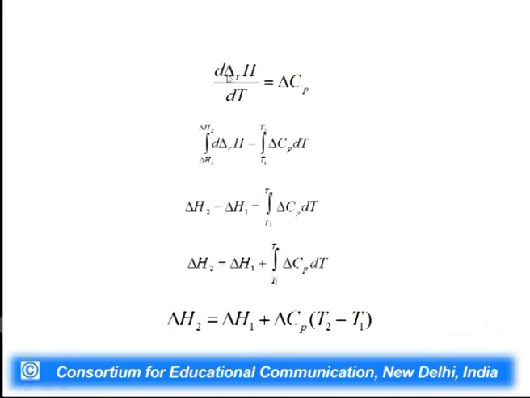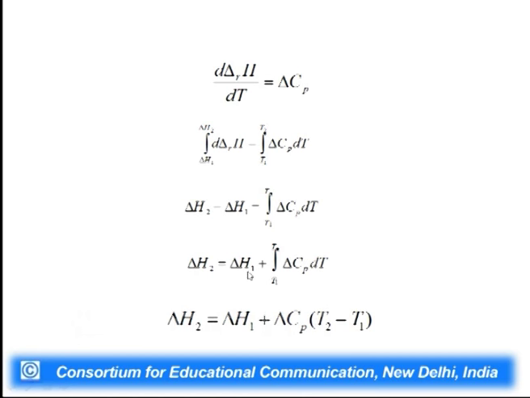The way we do this is simply you bring dT to this side, and then we integrate it between delta H1 to delta H2, and the integration is from T1 to T2. So, d delta H equals delta Cp dT from T1 to T2, and if you integrate this, we get delta H2 minus delta H1 is equal to the integral of delta Cp dT from T1 to T2.